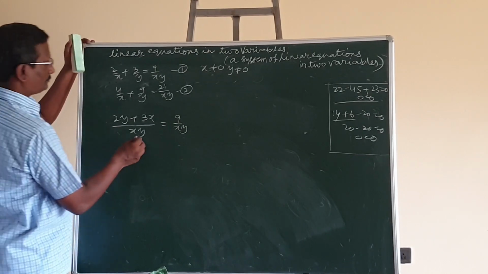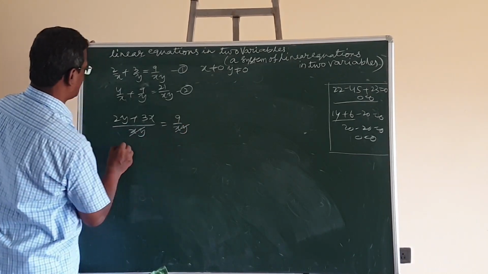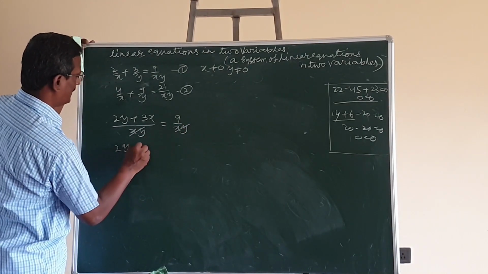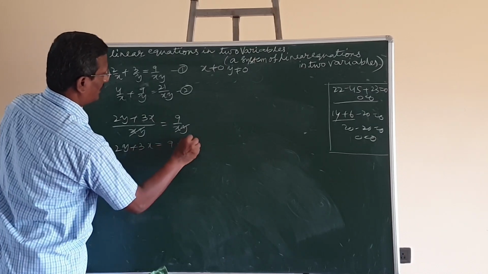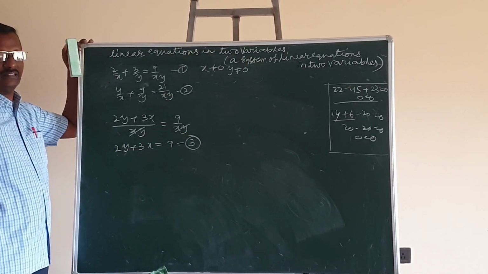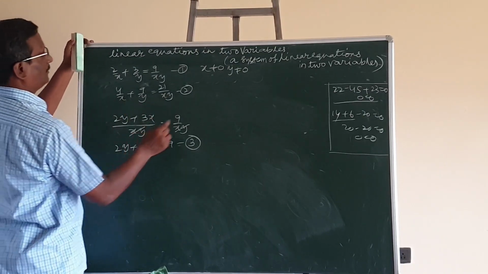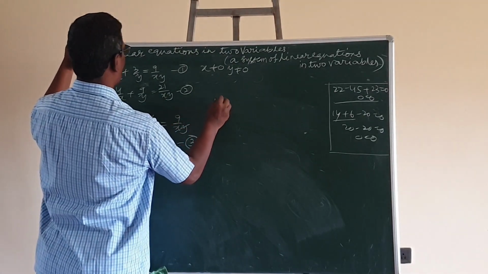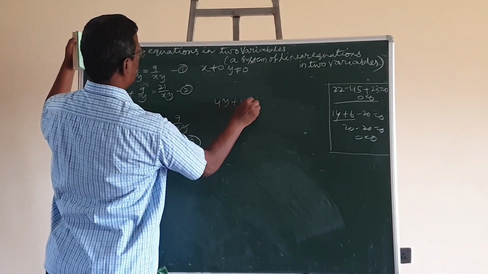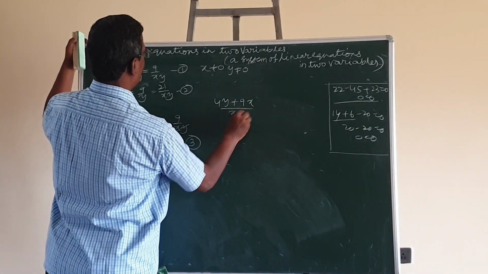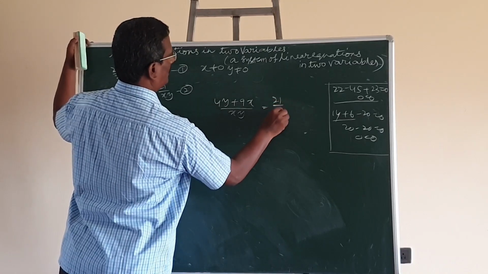Now, xy on cancellation on both the sides, 2y plus 3x is equal to 9 is equation 3. I can say it is in standard form, equation 3. Similarly, from the second equation, (4y + 9x) divided by xy is equal to 21 upon xy.